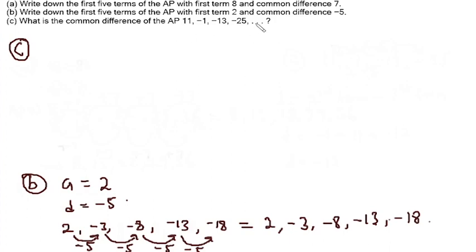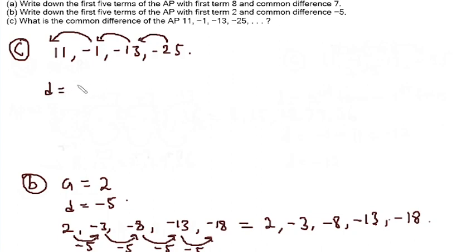So for the last example, you're asked to find the common difference of the AP. If the AP is giving us 11, minus 1, minus 13, minus 25. So to find the common difference, we simply have to do this minus this, or this minus this, or this minus this.